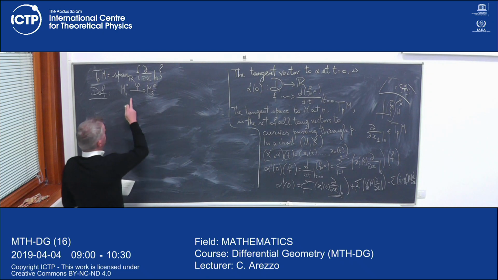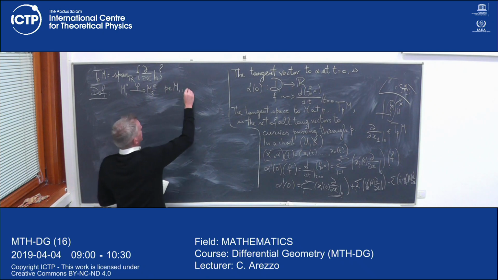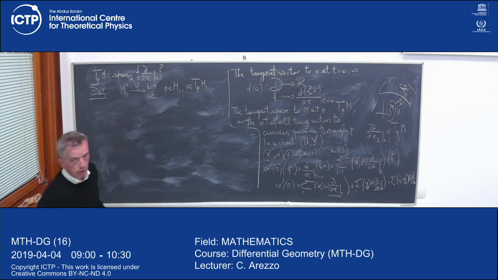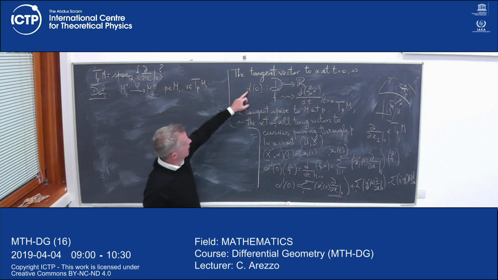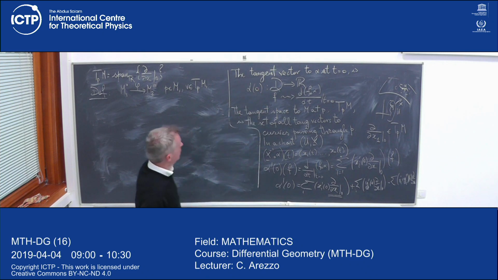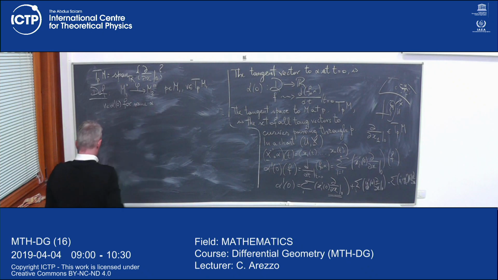What do I have to do if I want to define d phi? Of course, I pick p in M1, and I pick v in TpM1. If v is a tangent vector, it means it's alpha prime 0 for some alpha.